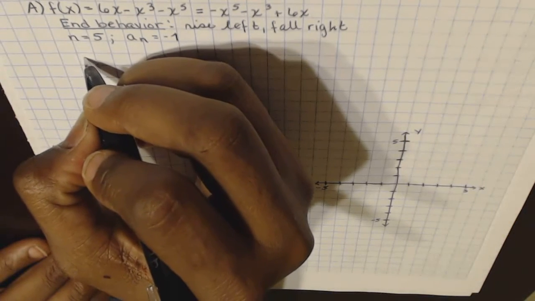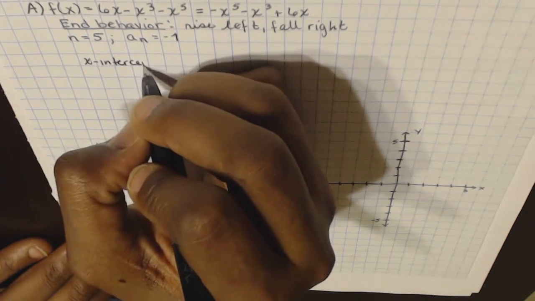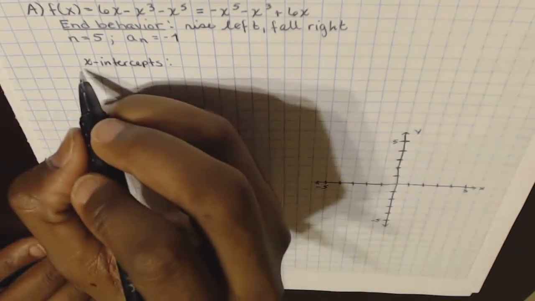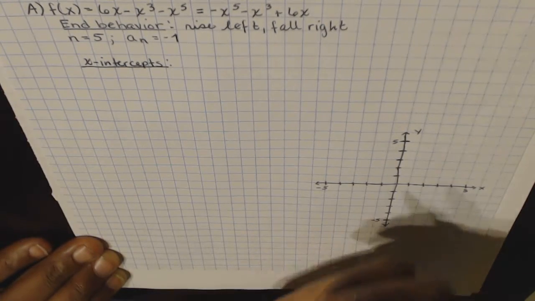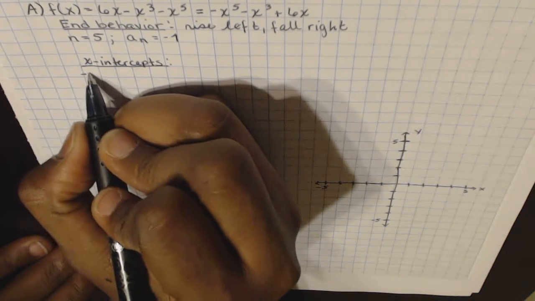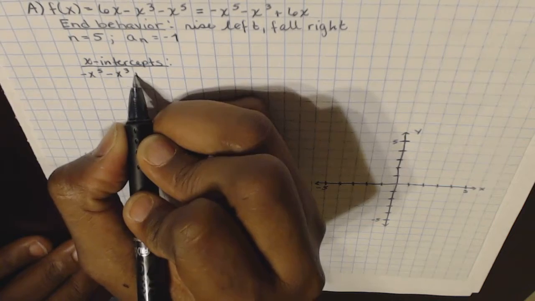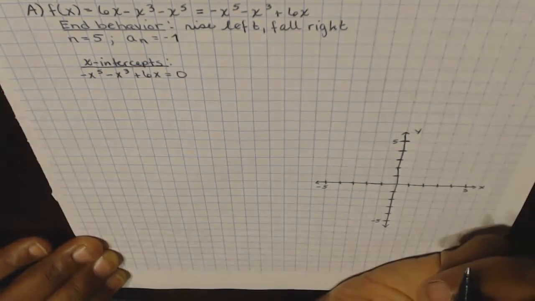I need to find x-intercepts. To do that, I have to set my function equal to 0. So the opposite of x to the fifth minus x cubed plus 6x is equal to 0.